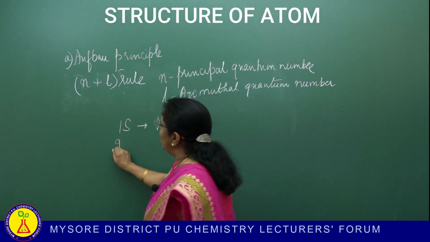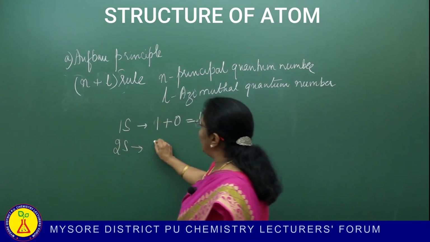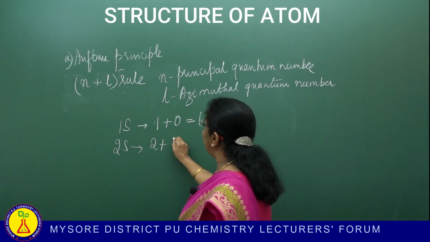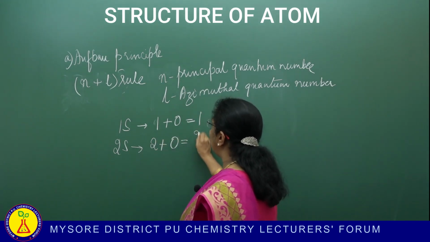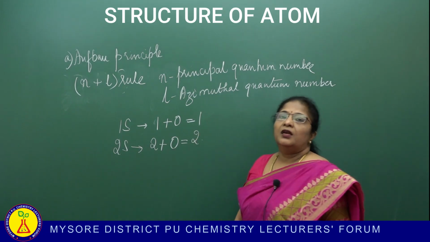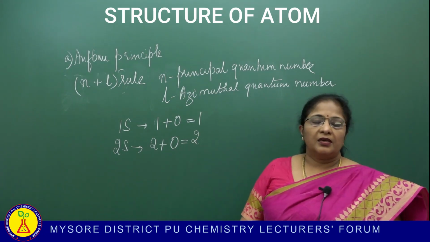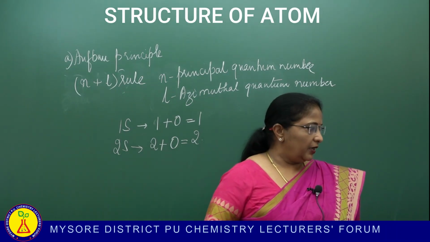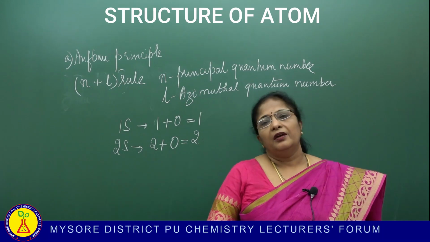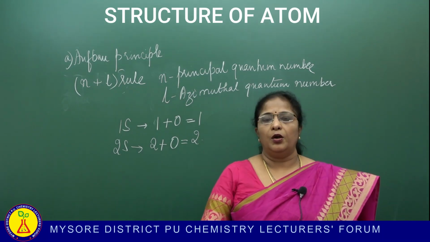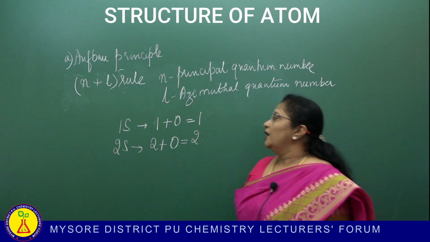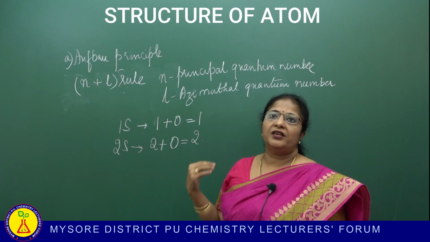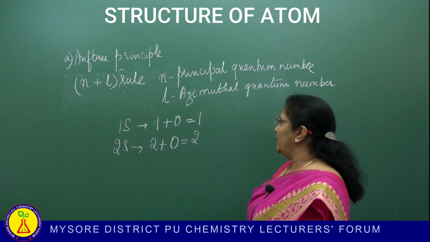If I take the 2s orbital, then the value of n will be 2, and again the value of L is 0, so n plus L is 2. Hence the 1s orbital is in lower energy as compared to the 2s orbital. So using this rule, all the orbitals are arranged in increasing order of energy levels.